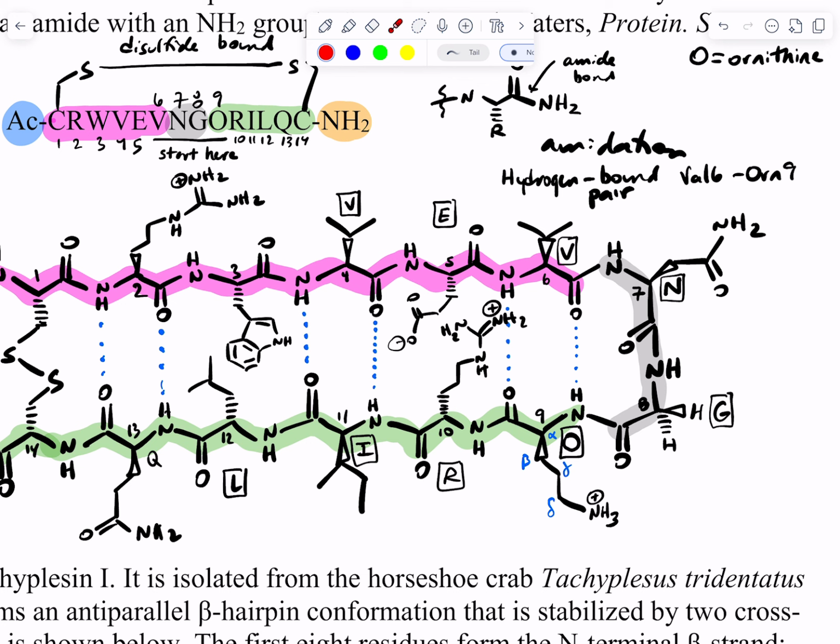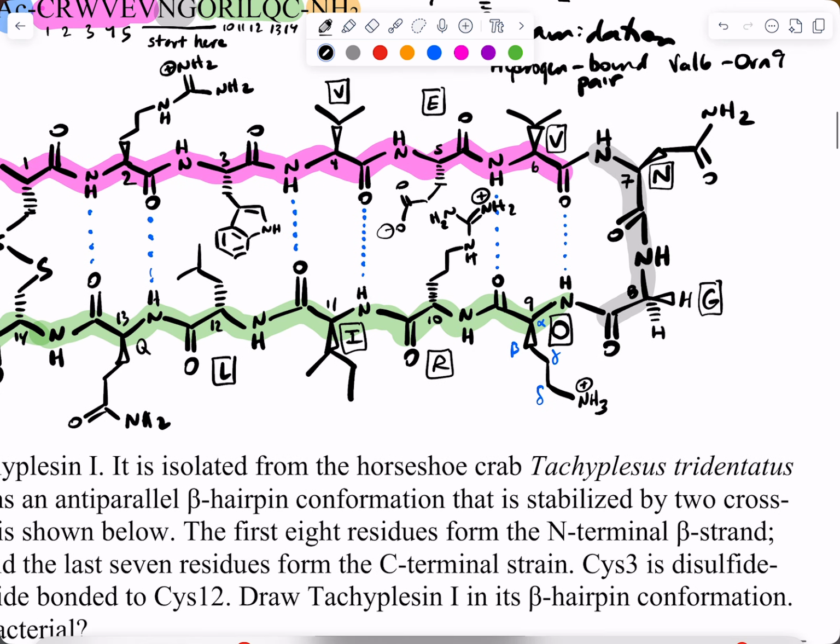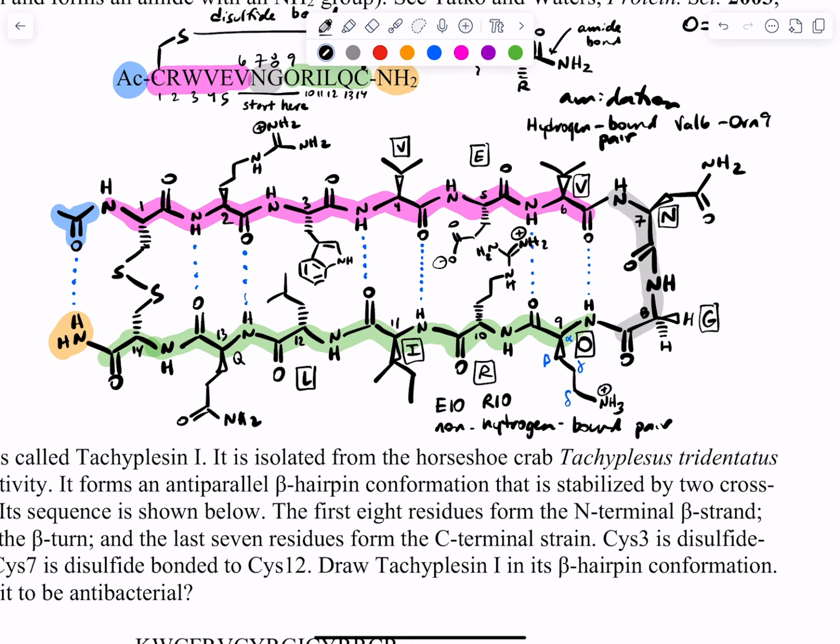So those are not hydrogen bound with each other. So we call glutamate 10 and arginine 10 a non-hydrogen bound pair. And you'll see that in a beta hairpin, you have this alternating hydrogen bound pair, non-hydrogen bound pair, hydrogen bound pair, non-hydrogen bound pair.